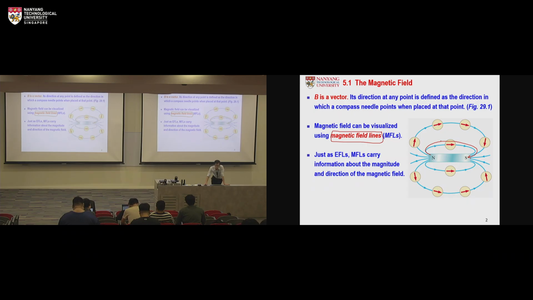And at each point, let's say here, this B must be tangential to the magnetic field line. Also, you cannot have two magnetic field lines crossing each other, for the same reason. And finally, the density of magnetic field lines should be proportional to the magnitude of the magnetic field B. So it's pretty much the same.